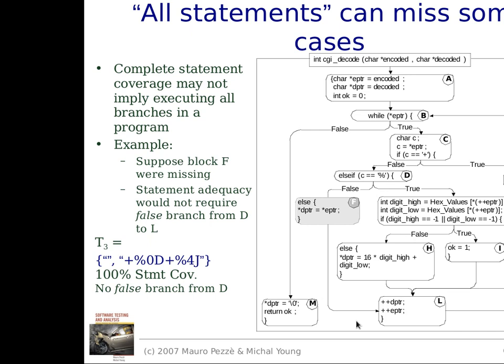The reason why this is missing something is there's definitely a case that could come up where C was not a percent, and skipping all this would come up with some type of error, just for the sake of argument. Even though we're having 100% statement coverage, we're not covering all the different structural paths that could possibly occur in this code. So statement coverage is not going to adequately cover everything.